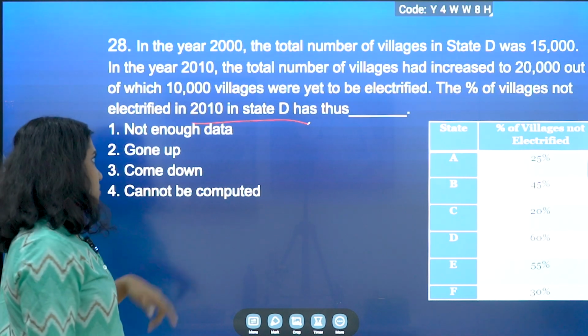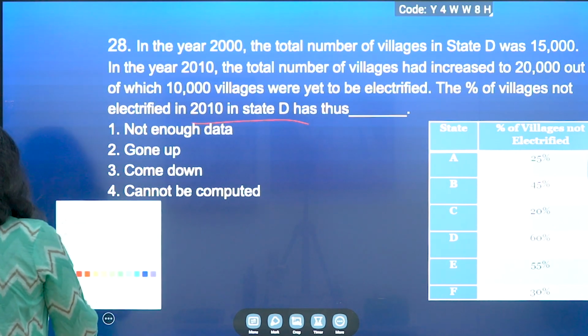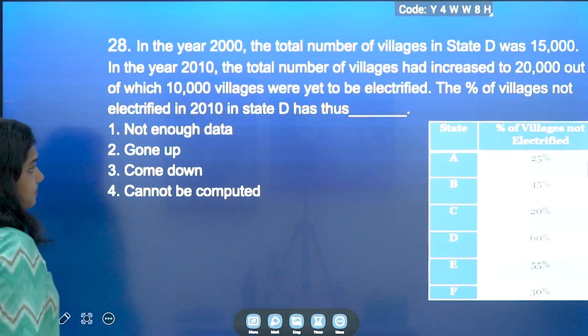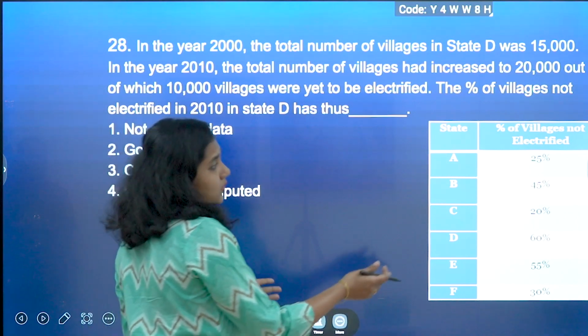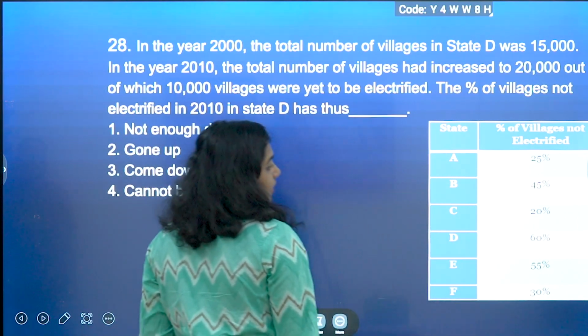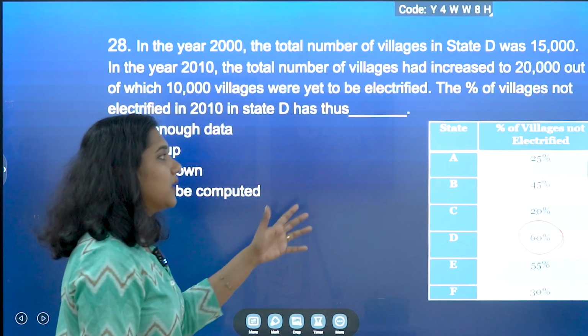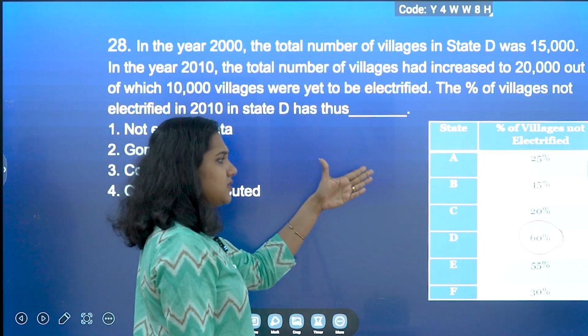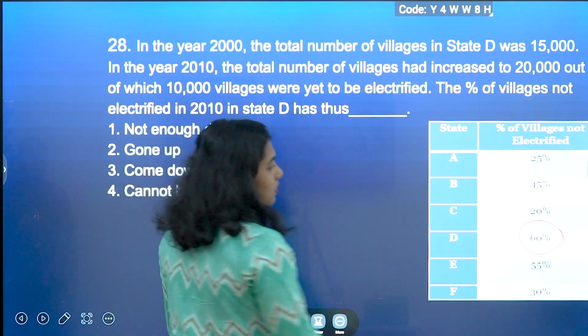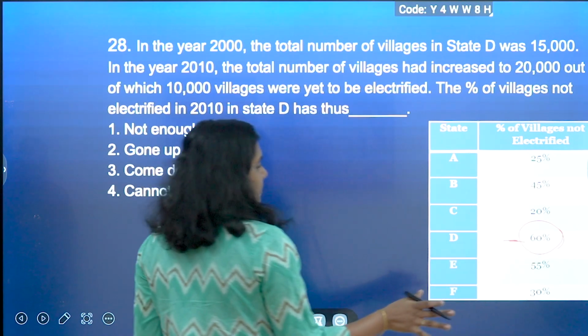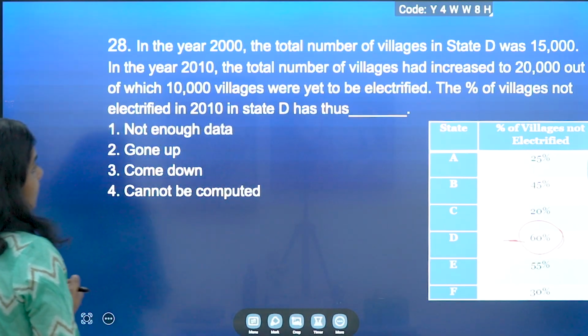According to the data given, the percentage of villages not electrified in state D is 60%, right? They haven't given the year, so this holds for every year. So 60% of villages are not electrified.